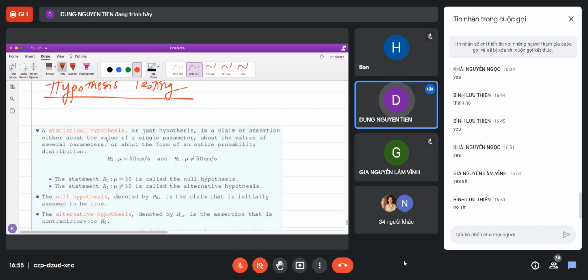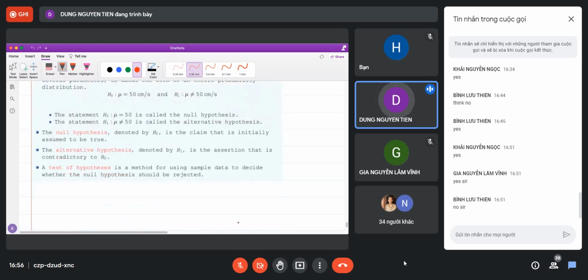For H0, the mean value is 50 centimeters per second, and H1 is that the velocity is not equal to 50 centimeters per second. Is there any question so far?